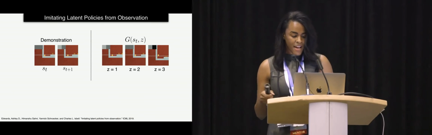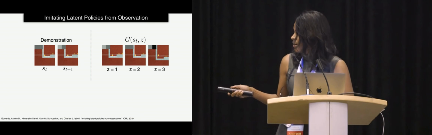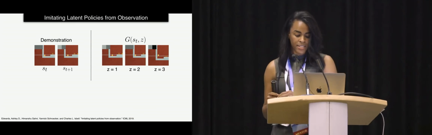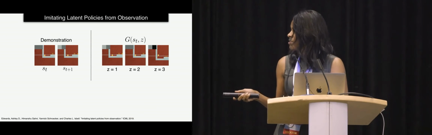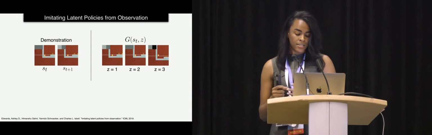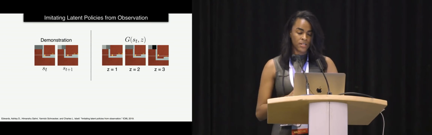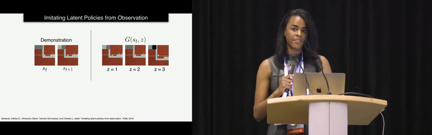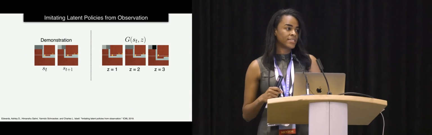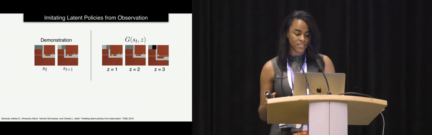Okay, so let's say I have a demonstration shown here. What I'm first going to do is try to learn a generative model that tries to predict each of these next states. So this is basically showing all of the different transitions that my latent model might try to predict. In order to train this, out of all of my different generated next states, I'm going to try to find the state that looks the most like the state that I've actually observed.